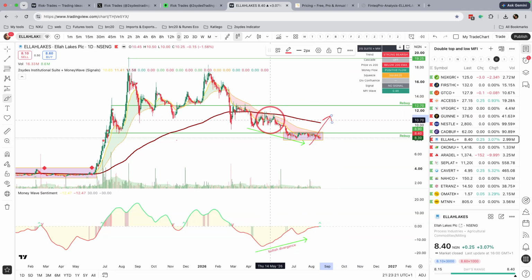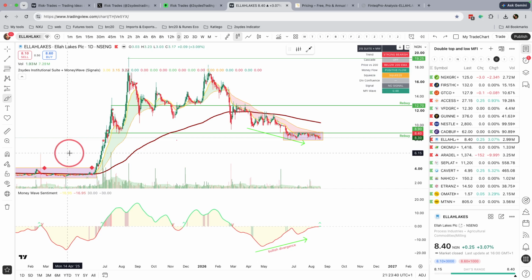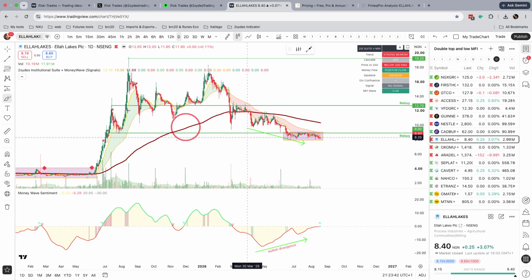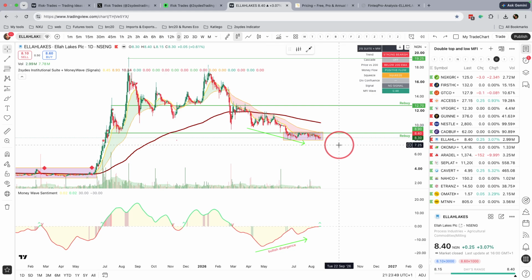The third reason why I feel technically prices can go upwards. When I went into Ellah Lakes just around here, when prices were under 4 naira per share, I got into it in an area of accumulation where nobody was interested, and judging from this box that I created here, it does look like we are back in accumulation.